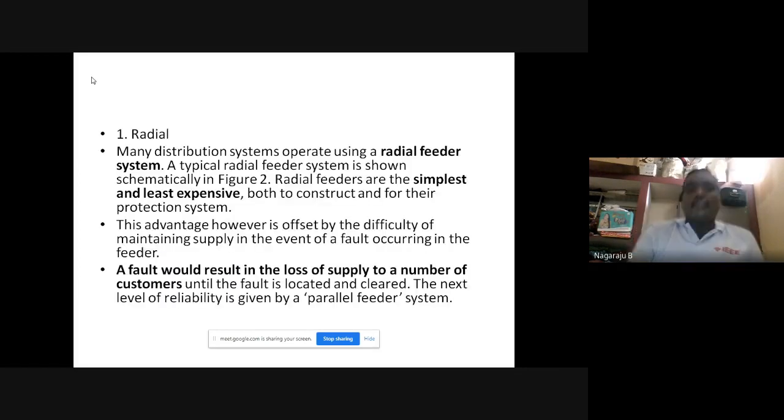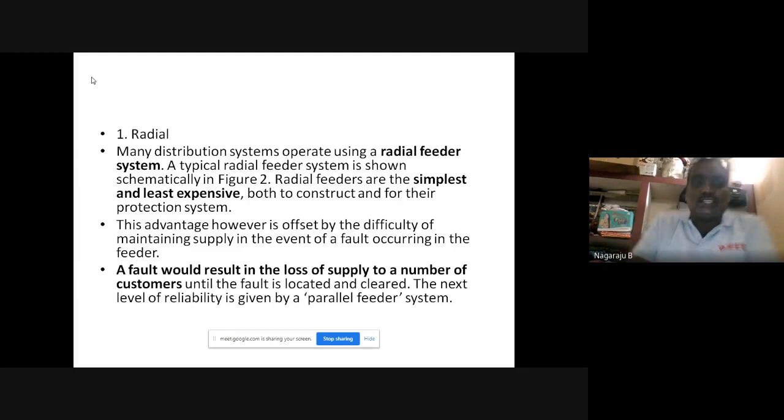Radial type. Many distribution systems operate using a radial type of feeder system. A typical radial feeder is shown in the figure. Radial feeders are the simplest and least expensive, both in construction and for their protection.